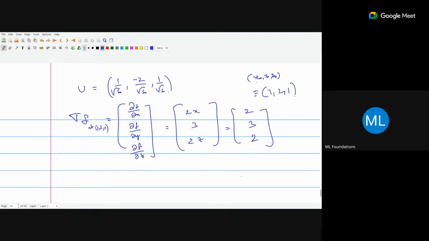So when I say (1, 2, 1), you should always think in the interval of (1 minus h, 1 plus h), (2 minus h, 2 plus h), (1 minus h, 1 plus h). In this interval you should always see partial derivatives.